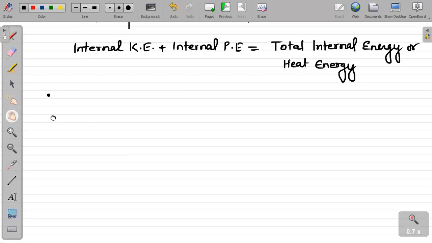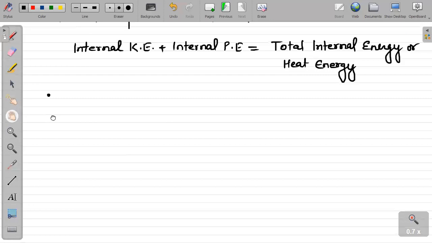Average kinetic energy of a substance is a measure of temperature of the body. We will underline this.